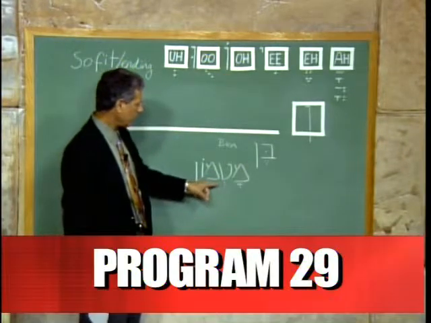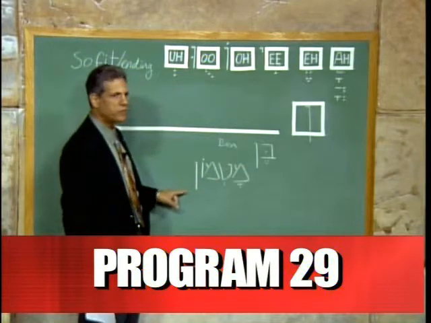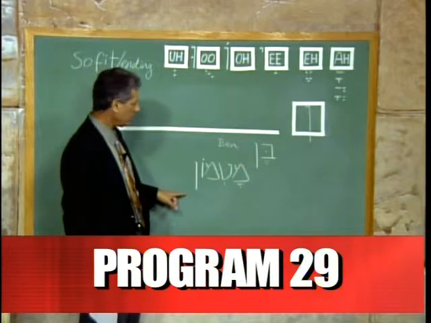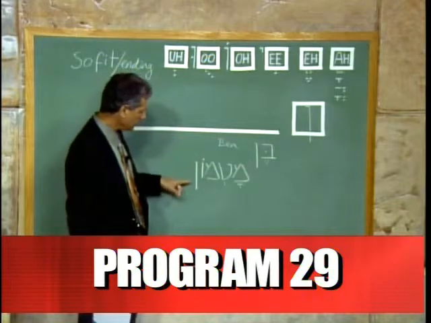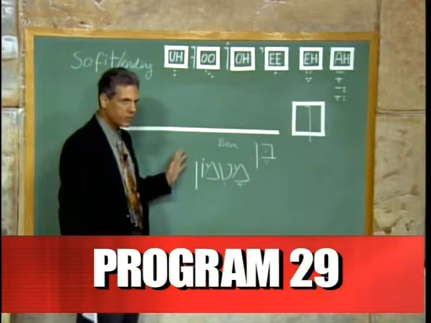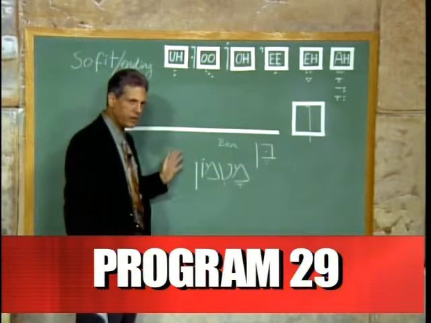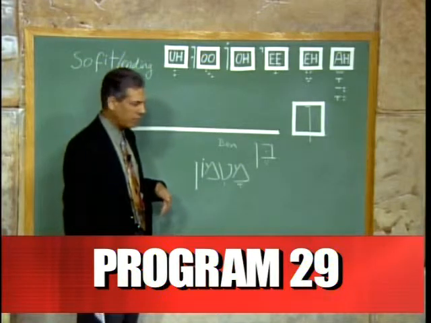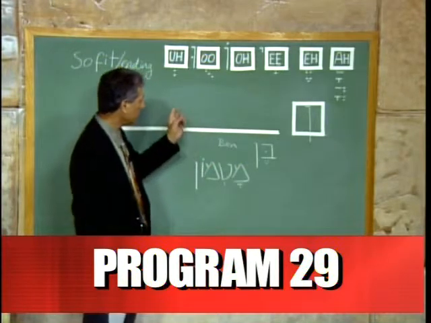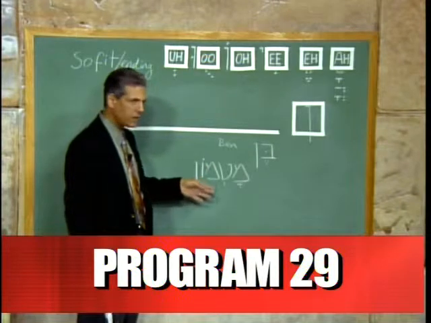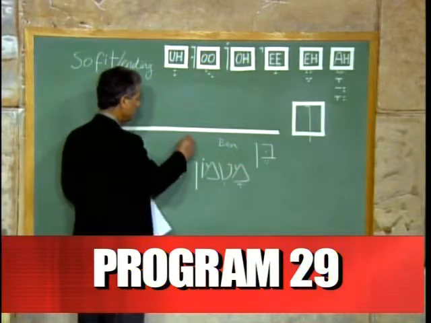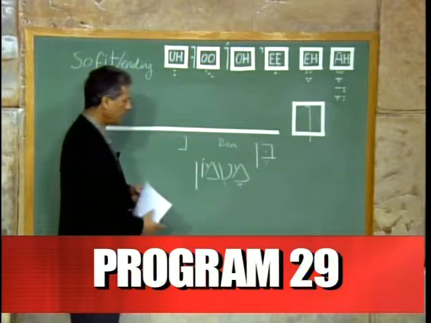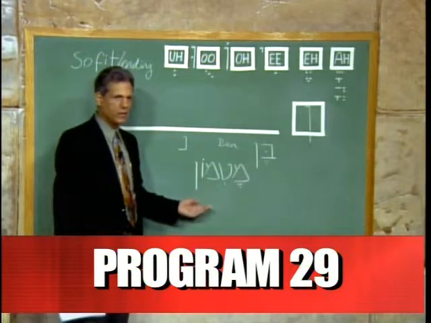So mat, mo, and a Nun Sofit, matmun, with a Nun Sofit at the end. Why is it like that? Just because it fell at the end of the word. It would have looked like the regular Nun had it been in the beginning or in the middle of the word.